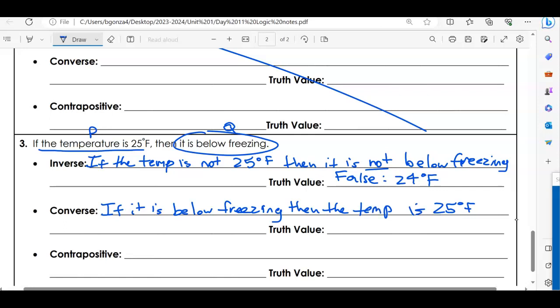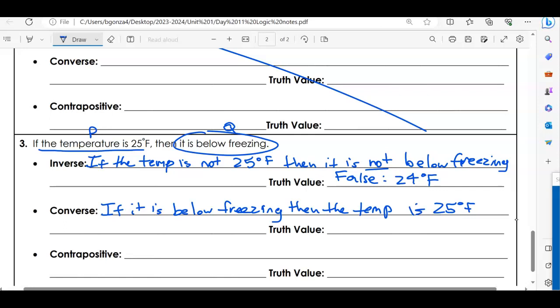We're in the last 10 minutes though, so careful. Now, it says if it is below freezing, that means it could be what? 31, 30, 29, 28, 25, whatever, 24. Does that mean that the temp is exactly 25 just because it's below freezing? If it's below 32, it could be any number, including 25.